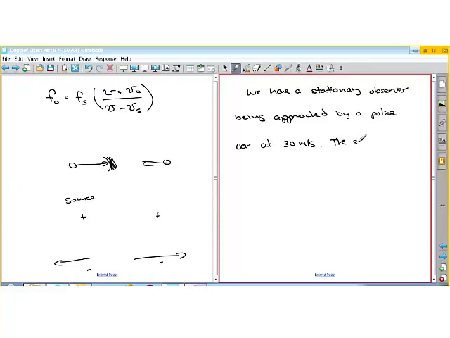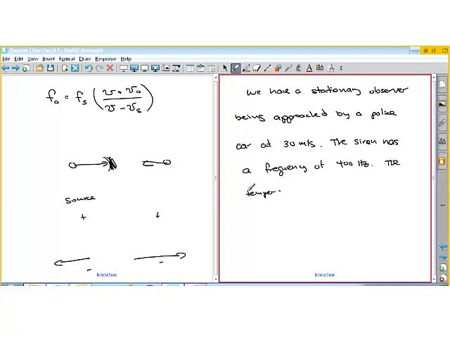The siren, how do you spell siren? Siren, so yeah, I guess right. The siren has a frequency of 400 hertz.